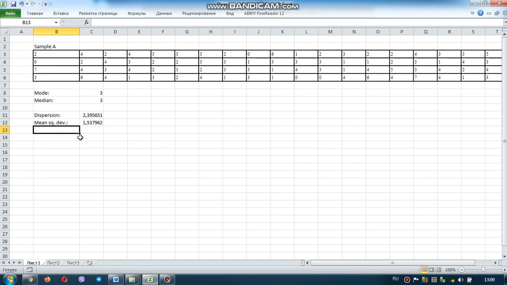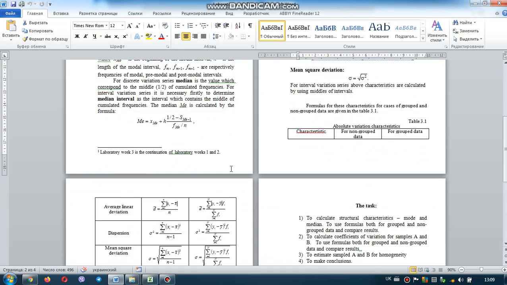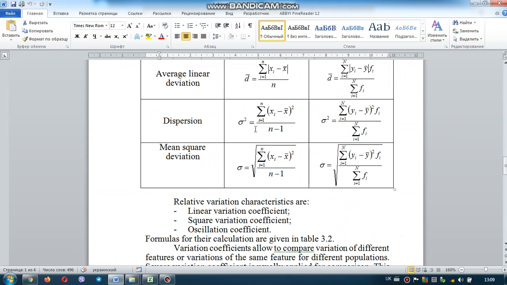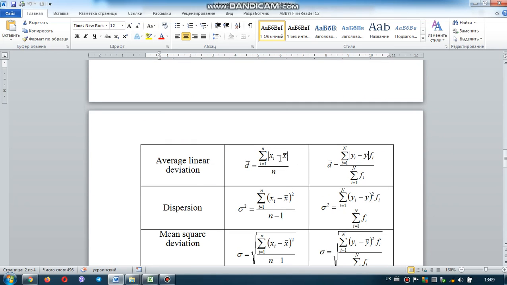Okay. And then we have to calculate the average linear deviation. But we have to do some operations. We have to know the sum of these differences in numerator. We have to determine this sum. To define it, we have to know the average values, and we have to calculate the difference between these values.